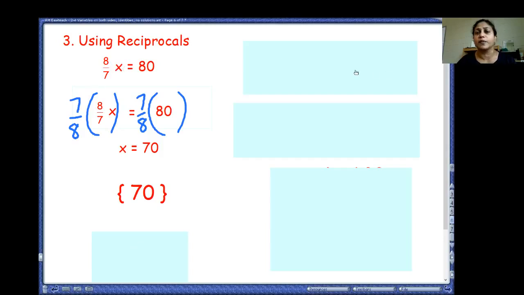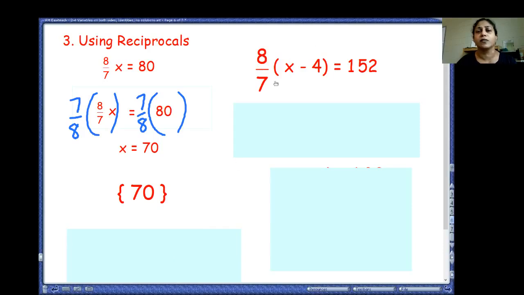But what happens when it looks different, like so? Here we have 8/7 times x minus 4. I know many of you are tempted to do distribution, but I don't want you to do any distribution. I want you to look at the left side. The left side here has two factors, 8/7 and times x minus 4.